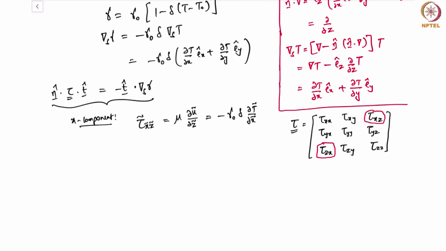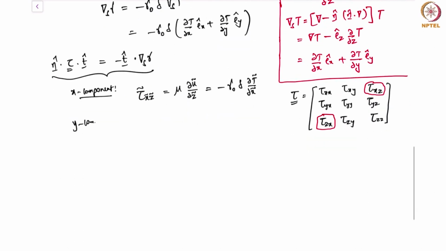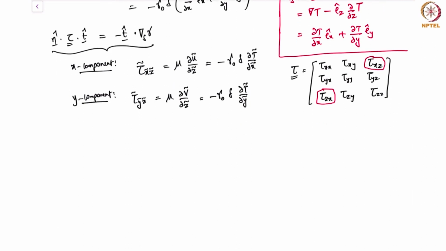Again, remember these are all dimensional, and the y component is tau yz, which is mu del v by del z, and this is minus gamma naught delta del T by del y. So we have two equations here, and let's call these equation A and equation B.